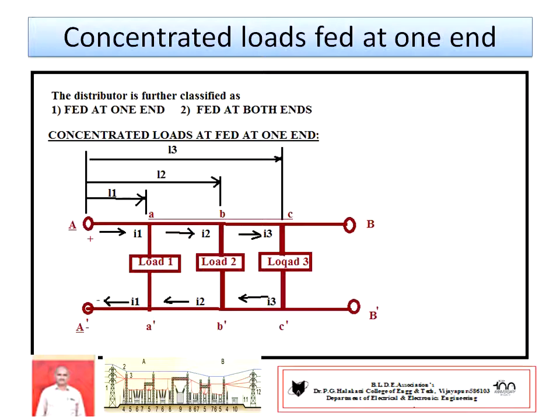That is, I1 is the current for capital A to small a, I2 is the current from small a to small b section, and I3 is the current from small b to C, as shown in the figure, which are lying at distances L1, L2, L3 respectively, and A dash B dash is the return path.